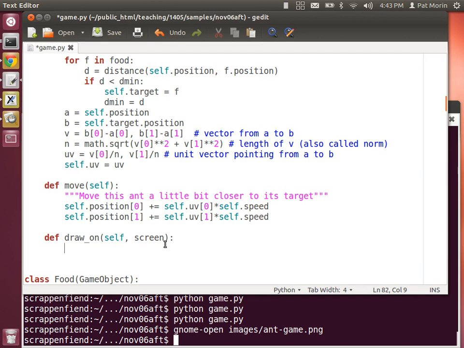So we know the ant is traveling in this direction, self.uv, and we'd like the ant to be pointing in the same direction as that. Yeah? Well, naturally it's pointed at like 45 degrees, right? So we have to first orient it so that we know where its natural position should be. Okay. So that means at some point we will do something like add or subtract 45 degrees to something.